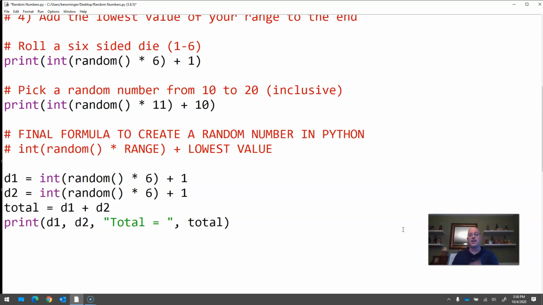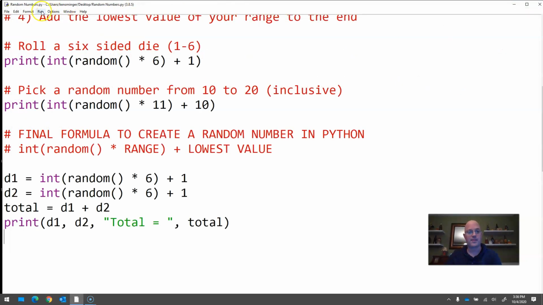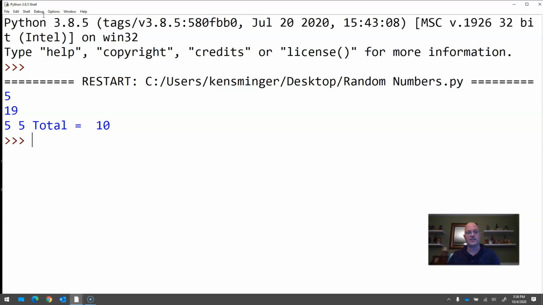So you're printing, in the first column, the first die, then the second die, then the total equals the value. Just like a common board game. There's 2 6-sided dice. So if I run this, it's going to give me 6 and 3 add up to 9. I can do it again. Let's say I get 5 and 5. 5 and 5 equals 10.